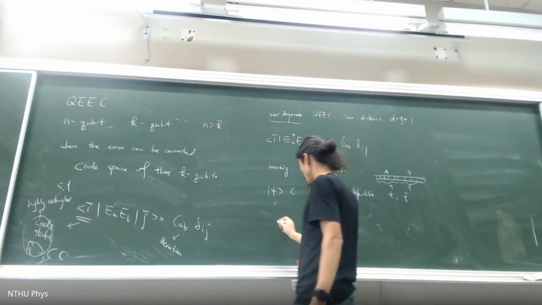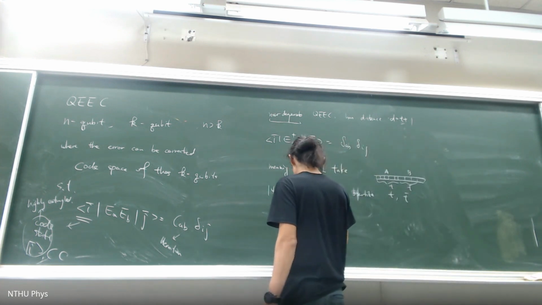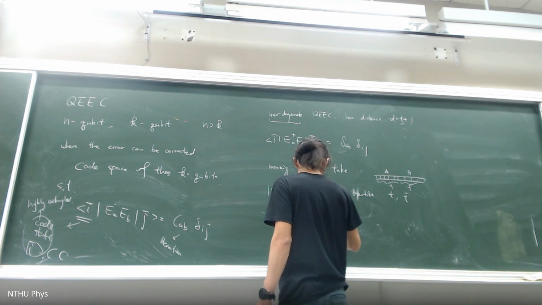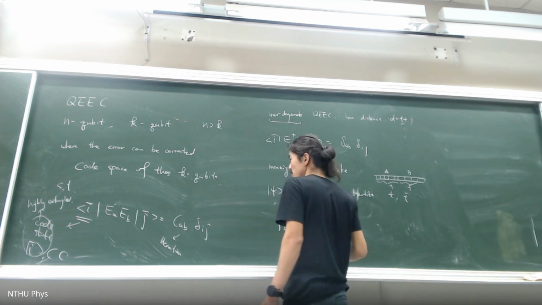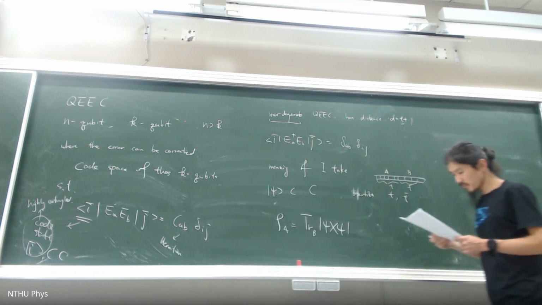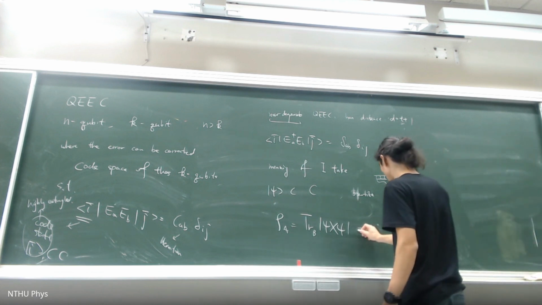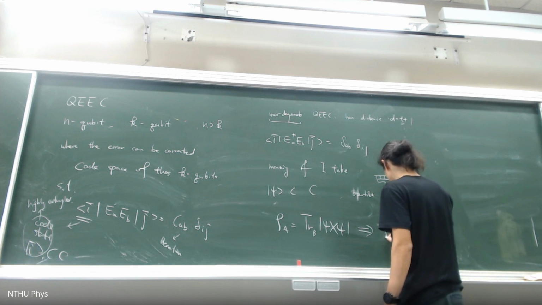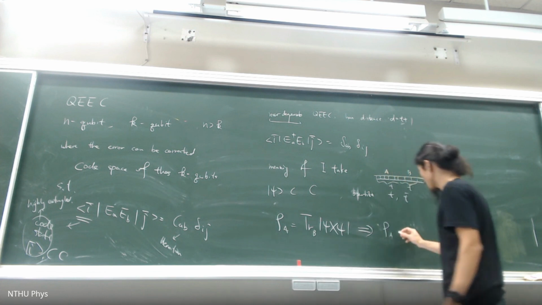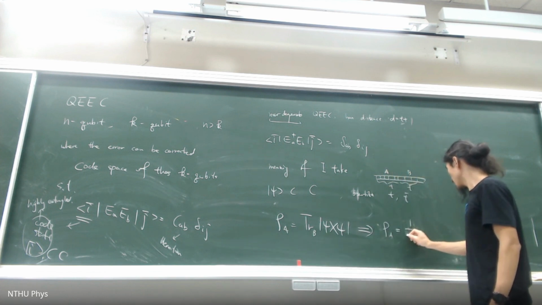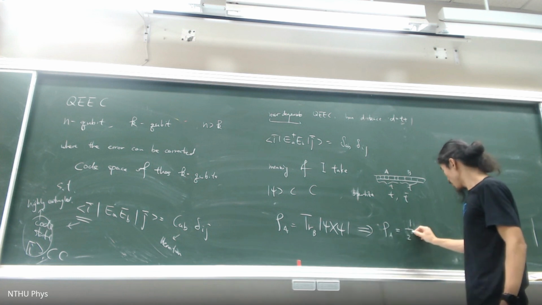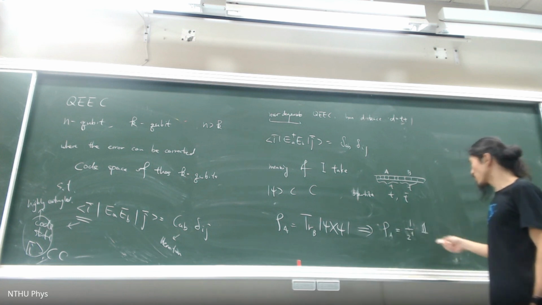So I can define my reduced density matrix rho A by taking the partial trace over B of this state, where this state belongs to the code space. And then I will demonstrate to you that this reduced density matrix is equivalent to this form, which is proportional to the identity.